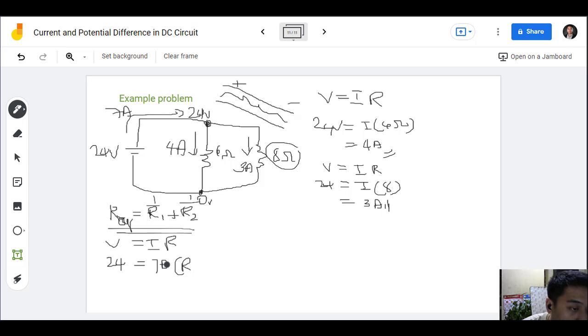Now, we will find the total resistance, so as equivalent, no? So 24 divided by 7, our total equivalent resistance is 3.43 ohms, no?